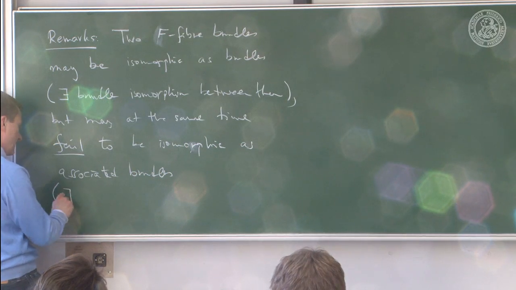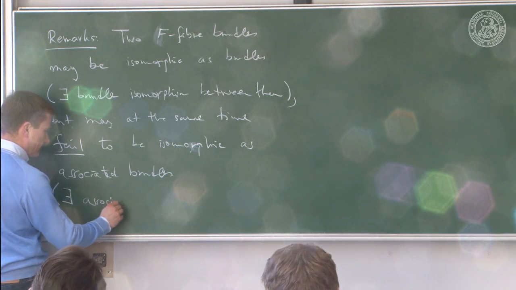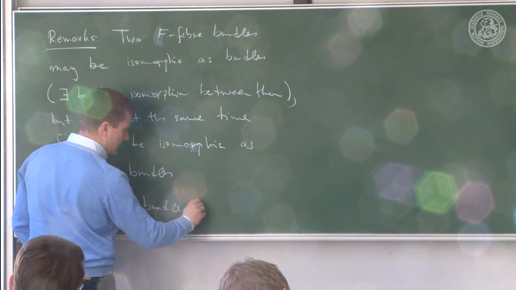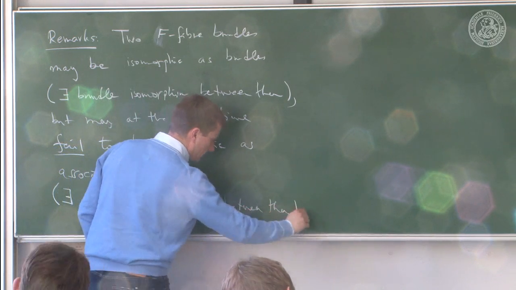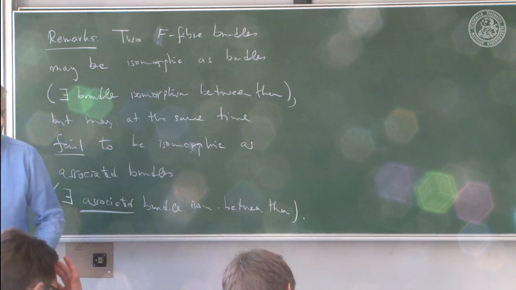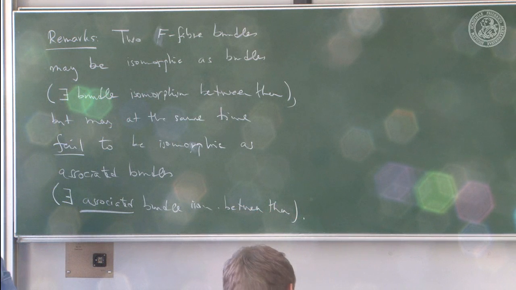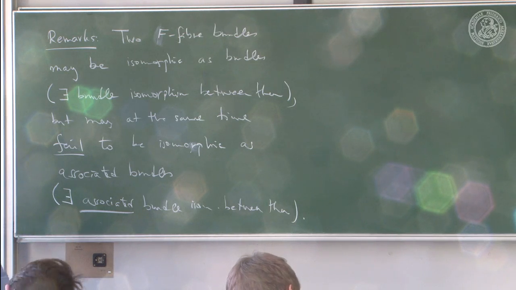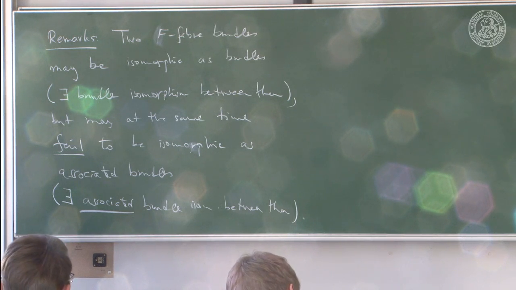Which means there exists an associated bundle isomorphism between them. And that's the whole point of the previous definition. There are fiber bundles, these associated bundles. They're F fiber bundles, but two fiber bundles that as bundles are the same are not necessarily the same as associated fiber bundles.